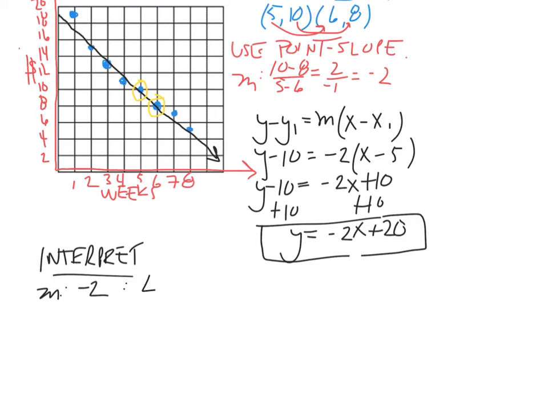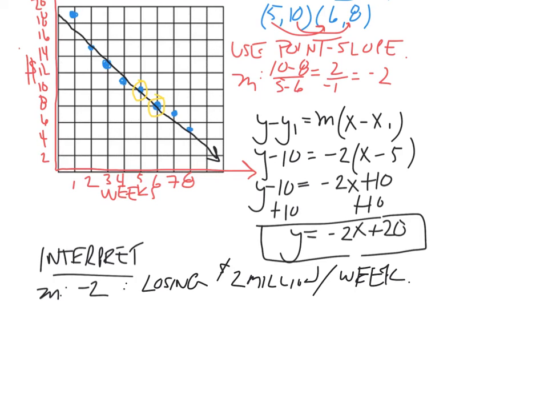It means we are losing $2 million per week. So basically our sales are dropping $2 million per week.